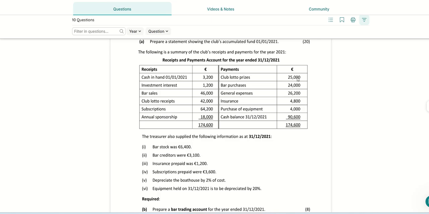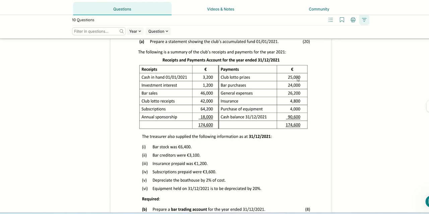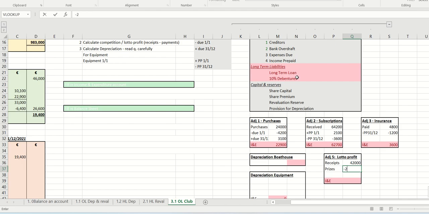So these are their prizes. They paid out 25 grand of prizes. So they made a profit on their lotto of 42 minus 25, which is 17 grand. Very nice. Very worthwhile way of raising money for this club. They did very well. So now we've done our adjustments. We've done our lotto profit.